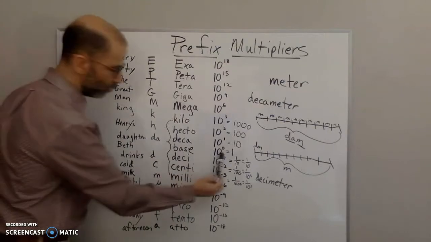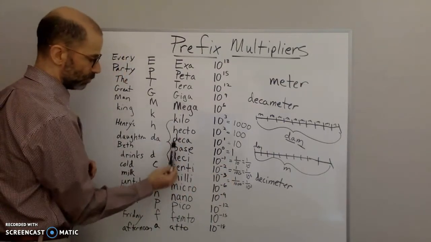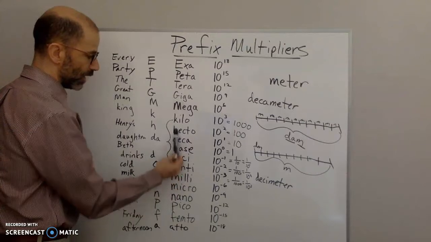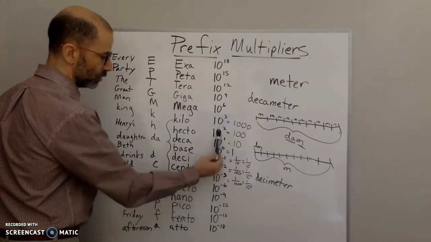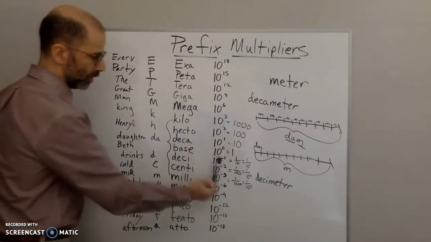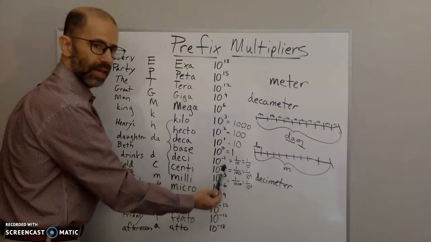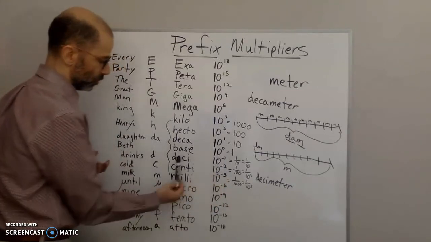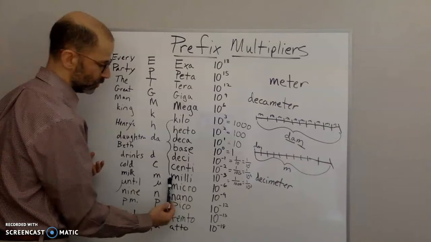The base unit is 1, so that's in the middle. You have 3 on top and 3 on the bottom. The 3 on top increase by 1: 10 to the 1, 10 to the 2, 10 to the 3. Kilo is 10 to the 3. The 3 on the bottom become more negative by 1: 10 to the negative 1, 10 to the negative 2, 10 to the negative 3.